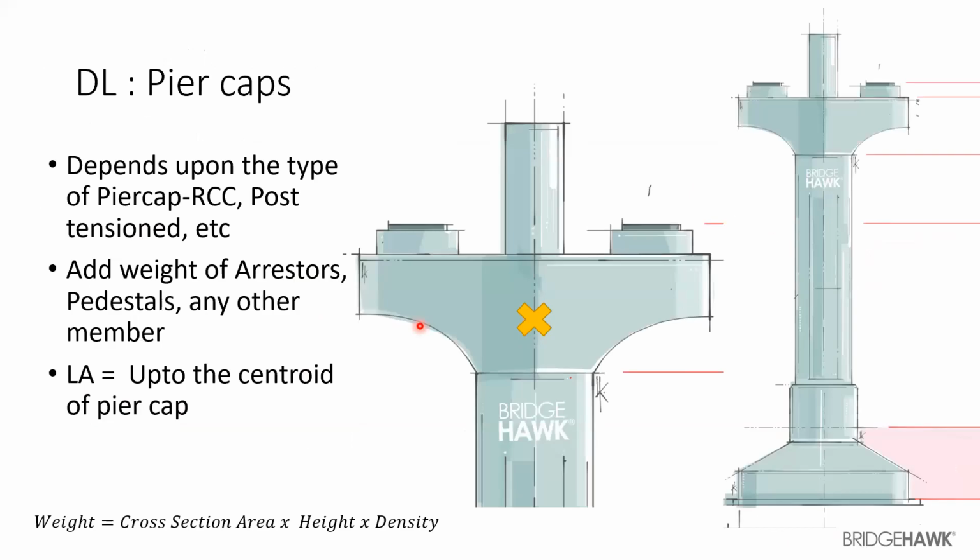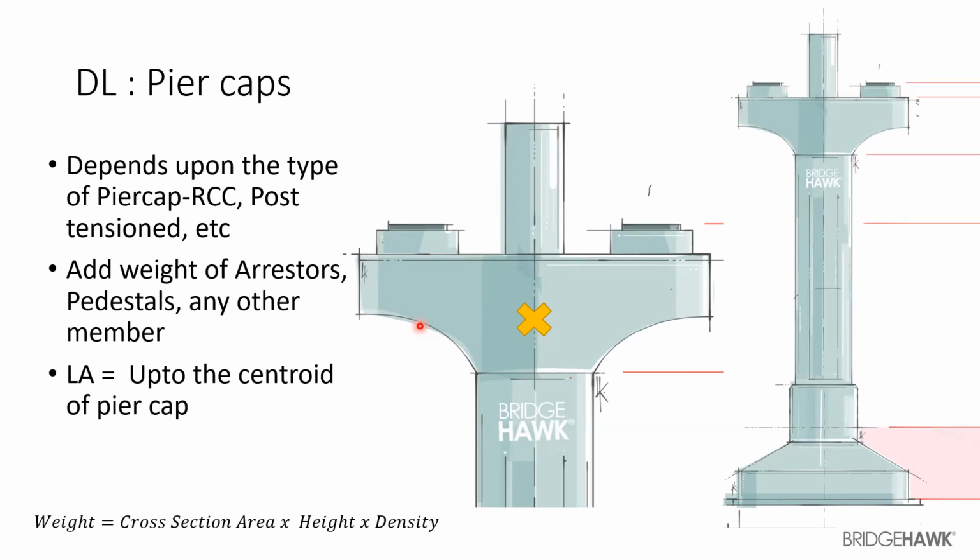Yeah. So this is one of the sketches I made for pier caps. This is a typical flanged four-bearing single seismic arrestor rectangular section pier cap. So basically, it is not too different from the normal pier caps.